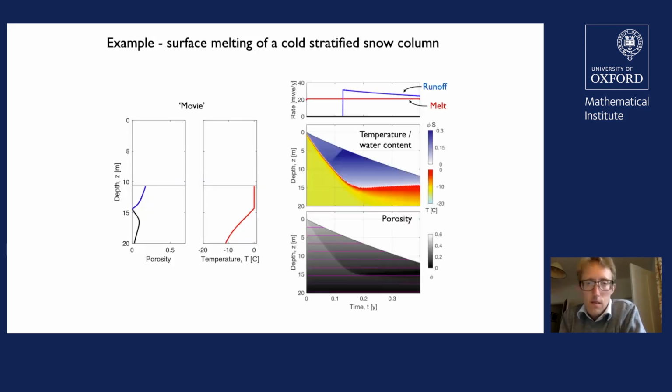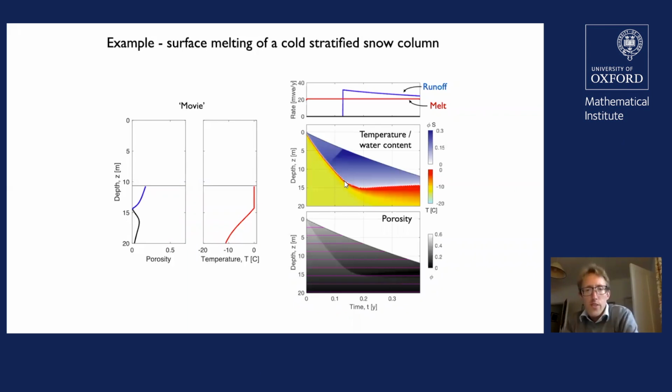And then, if you look at that through time, so this is time running along the x-axis. There's quite a lot to see here, but this plot in the middle is showing you the temperature and the water content. So wherever it's blue, it's got water, and wherever it's red and yellow, it's the temperature.